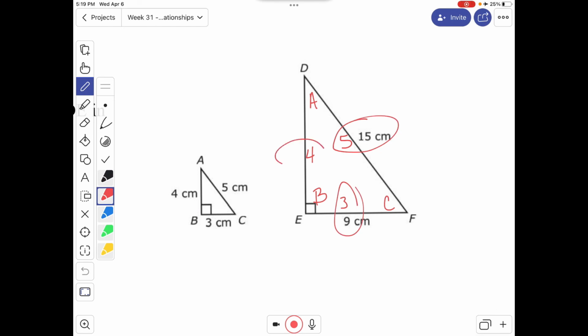So these are the fractions that go in my proportion. Those numbers have to be matched up. Everywhere 5 is, 15 has to be. 3 needs to be beside 9, and 4 needs to be beside the unknown, which they're calling DE, because that's D to E.